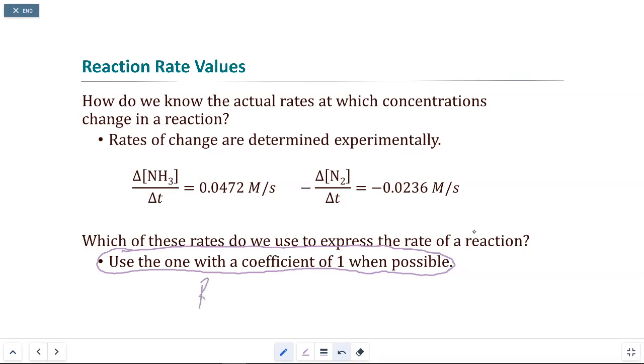So in this particular case, we know that the rate would be equal to 0.0236 molar per second. Again, since the reaction is this.